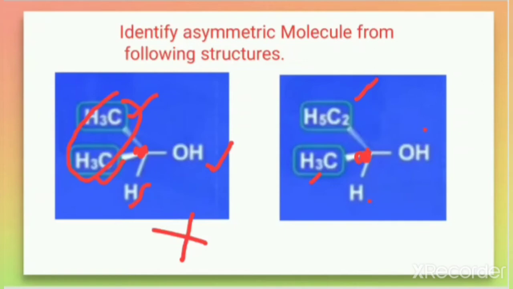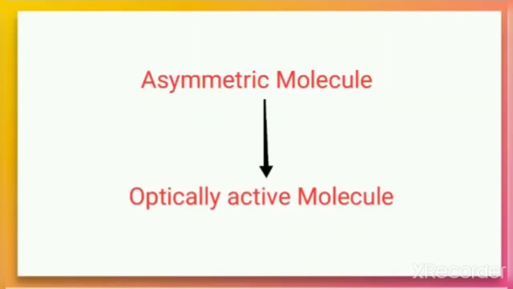From this, it is clear that all the four groups or atoms bonded with the carbon are different. So, such a carbon is called an asymmetric carbon and the molecule is called an asymmetric molecule. So, the second structure is an asymmetric molecule, but the first one is not.